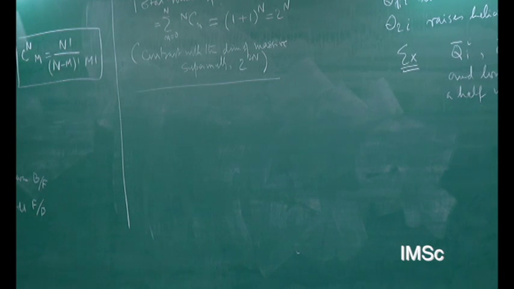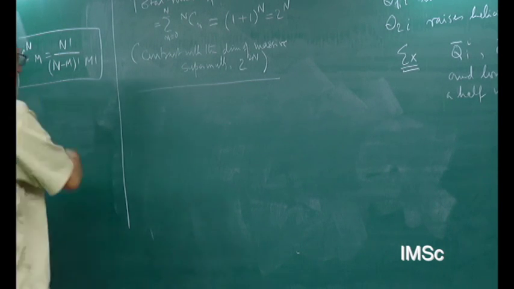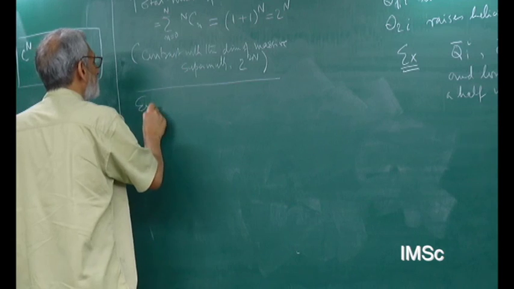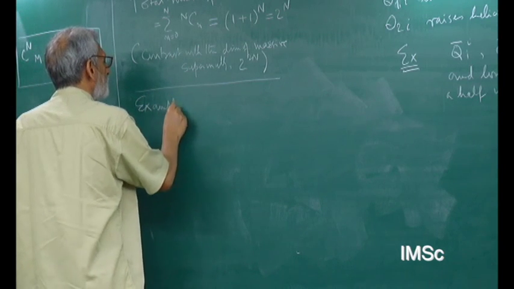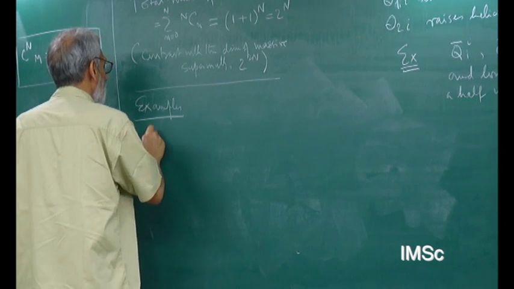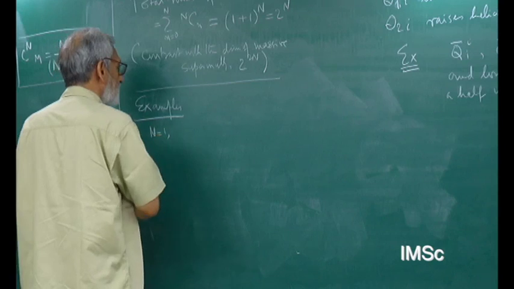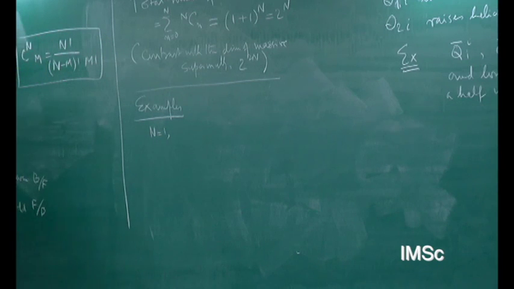Now let me take some specific values for lambdas, just to explicitly write down some simple examples. Consider n equal to 1, a simple case. For n equal to 1, there is only one A oscillator and one A dagger oscillator.